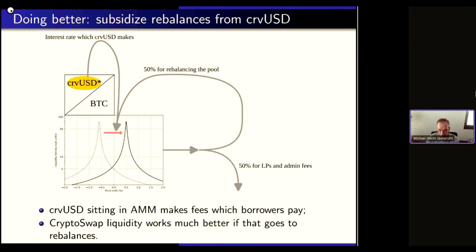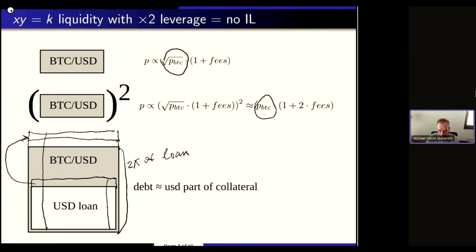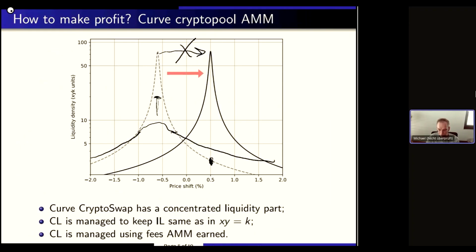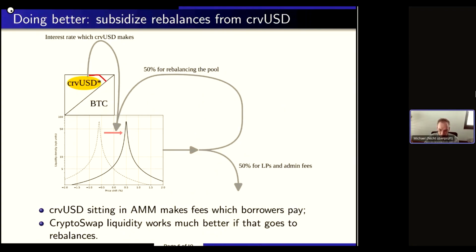So if we go back to this scheme, we have this loan, and with this loan we are paying some interest rate, so it should go somewhere. Of course, it could go to the Curve system or to the Yield Basis system or whatever, but why wouldn't that rate which we ourselves as liquidity providers pay be invested into efficiency of the pool, which will make fees for us?